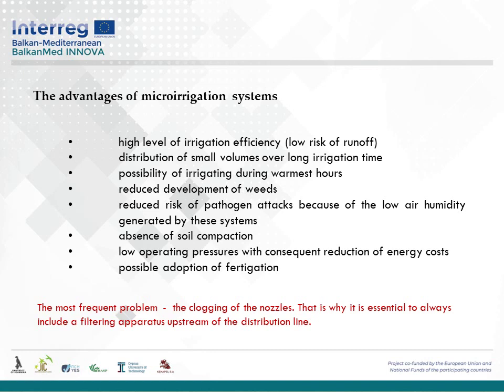Another advantage of the micro irrigation system is that there is practically no soil compaction, and, very important, the micro irrigation systems work under low operating pressures, which means that the consumption of energy is much less than under other irrigation systems, or especially compared to the sprinkler irrigation systems.